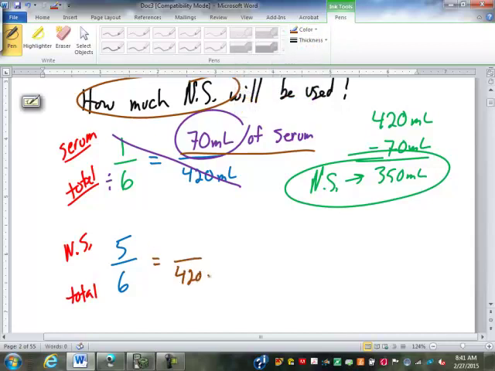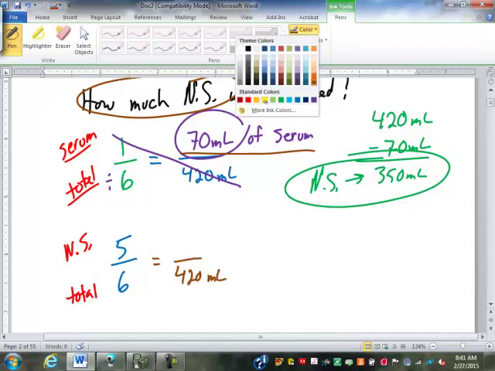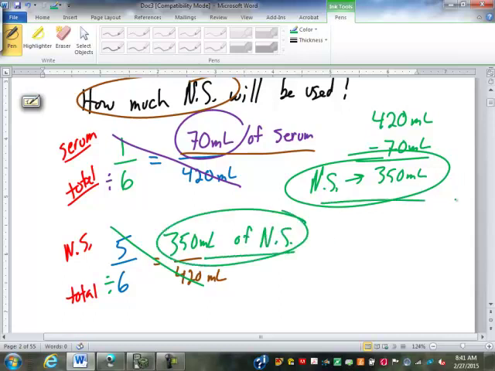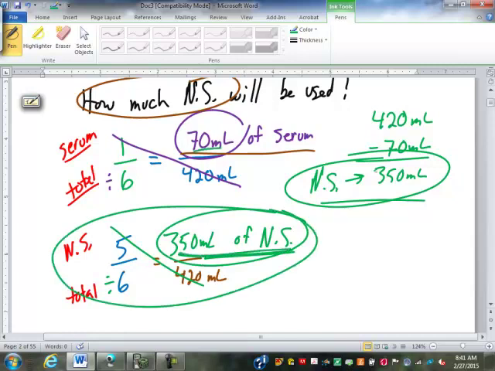The 420 still represents the total, and if you cross multiply and divide, you will get 350 milliliters again. I always like to use the ratios, and then that way I have the ability to double check by adding the 2 numbers together to see if it adds up to the total. But it is just fine to go ahead and subtract like this.